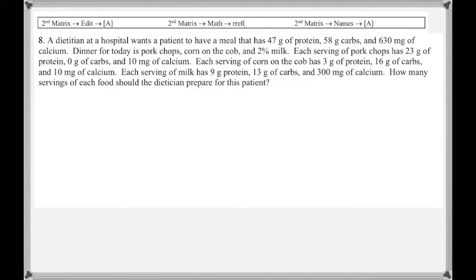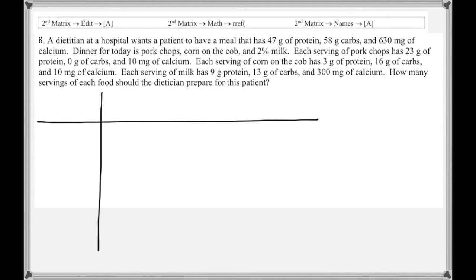Okay, so we have a lot of information here, and I want to organize it in a table. I'm going to have a totals column here, and our question normally asks what it wants in the last sentence.